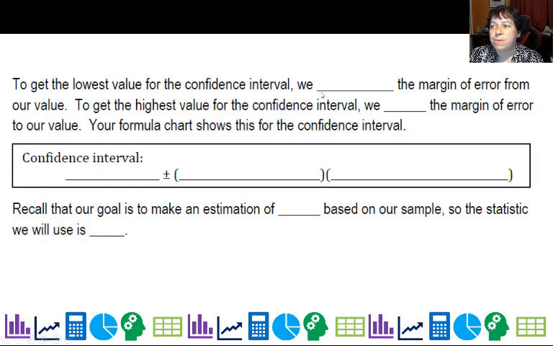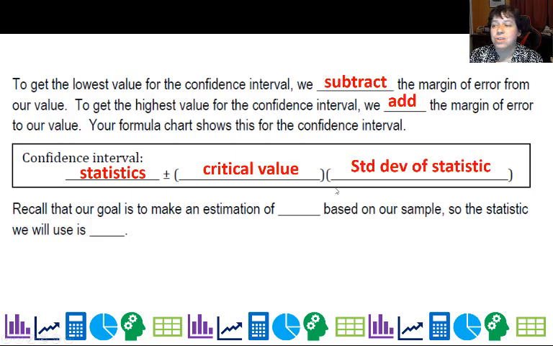Well, to get the lowest value for the confidence interval, we would subtract the margin of error from our value. To get the highest one, we would add it. And your formula chart actually has this on the back, but it's not something you might recognize. It says take your statistic, that's our point estimate, plus or minus your critical value, in our case C star, times the standard deviation of the statistic.